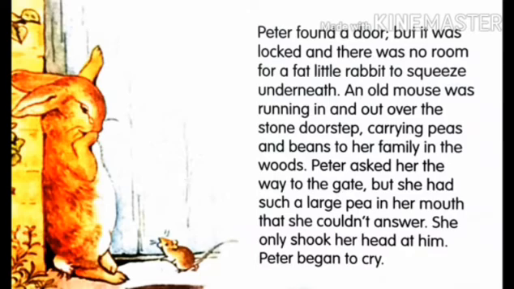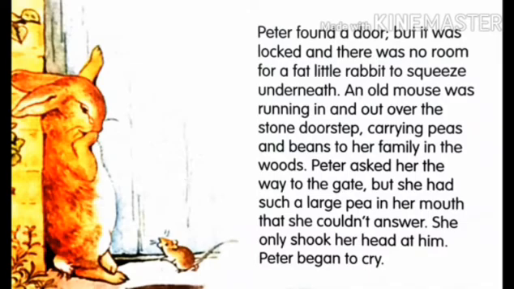An old mouse was running in and out over the stone doorstep, carrying peas and beans to her family in the woods. Now, see here, Peter found a door. So, after moving from the shed, he went near a door, but the door was locked, and there was no room, in the sense there was no place for a fat little rabbit to squeeze underneath.